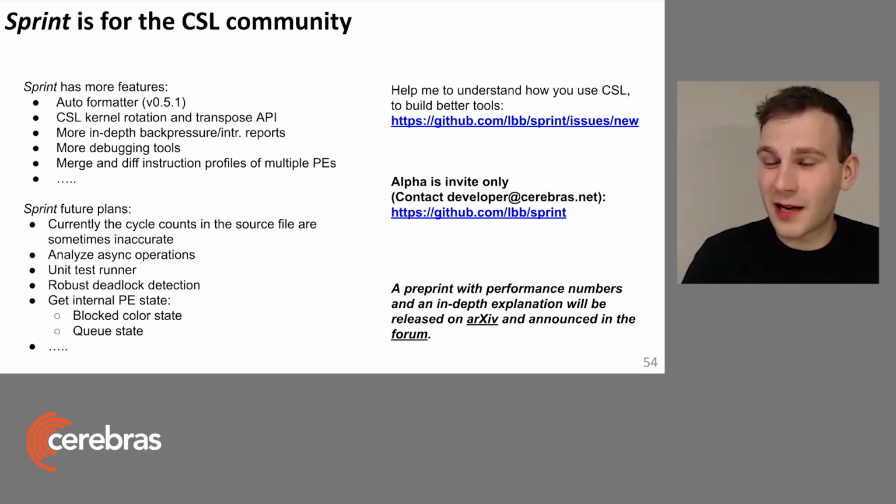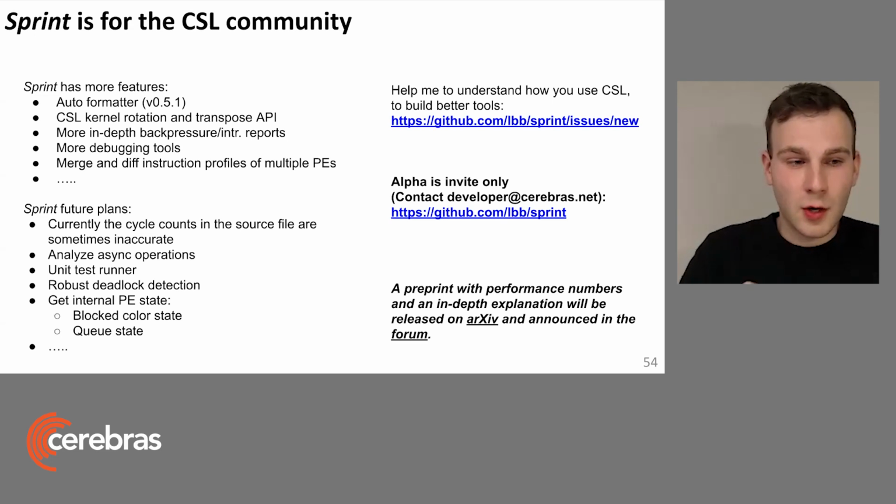hopefully be able to figure out how to deal with asynchronous operations because they're currently not accounted for. That's a bit difficult. I want to figure out how to tell someone if we stop the simulation because we ran into a deadlock. I want to figure out how to get behind blocked color states.